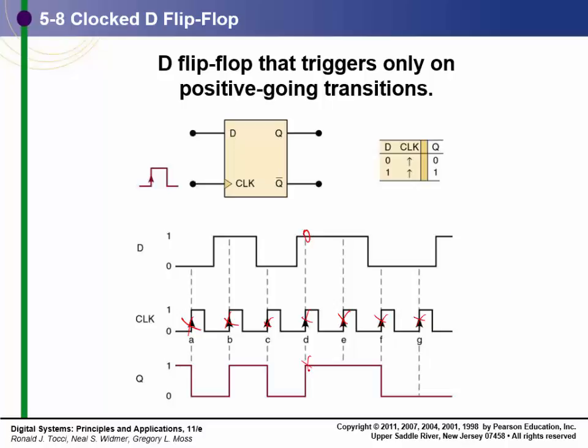A place where you're going to see that might be, for example, an address latch, where we have a signal that's going to latch data. We've got something coming from an A to D, and the output's valid. We want to latch that data so that the processor can read it. So D flip-flops are used for a lot of latches.